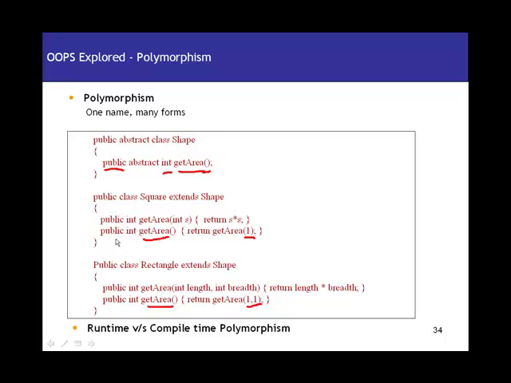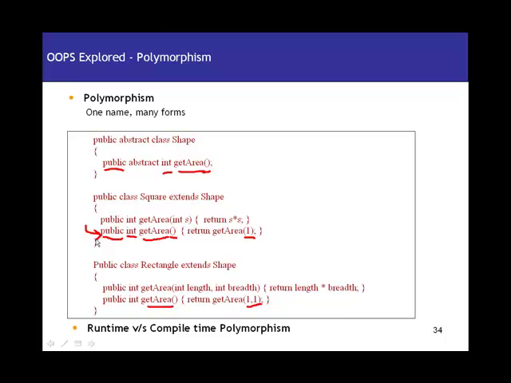Similarly, in square and rectangle as well, we've got a method with a similar signature, right? Absolutely the same. So this is public modifier, returns an integer, and the method name is getArea and doesn't take any arguments. So when we have such a scenario where in the subclass the method has the same method name, signature, return type and number of arguments, it is called an overridden method.